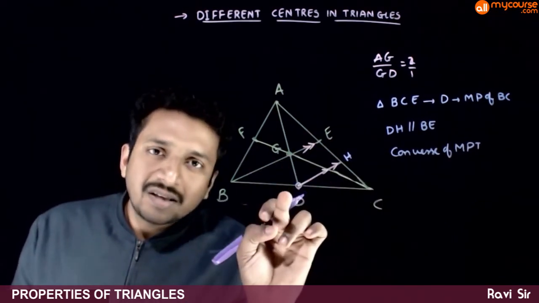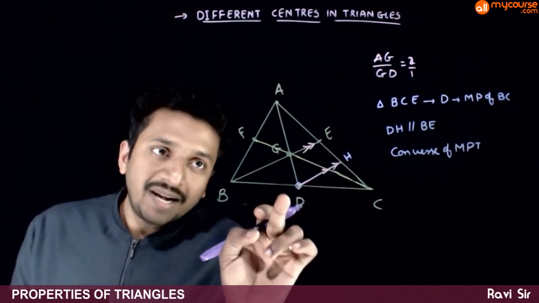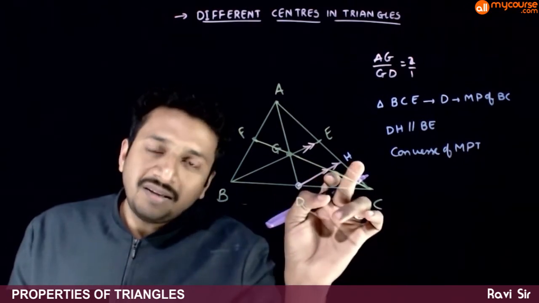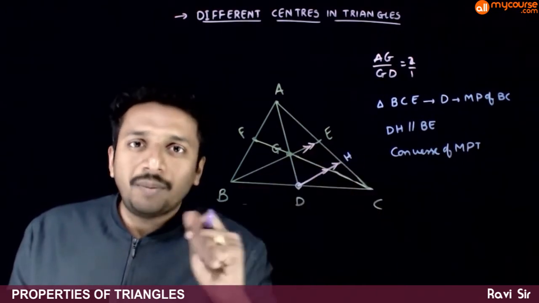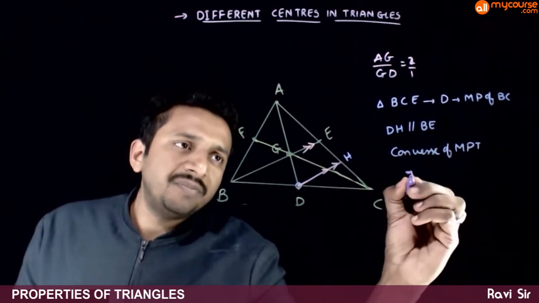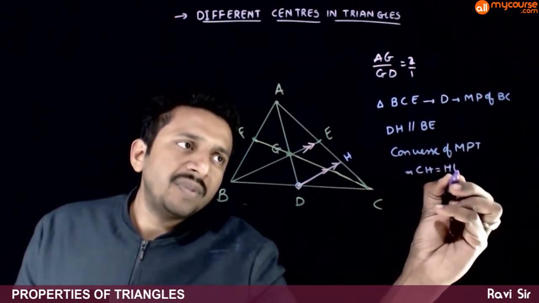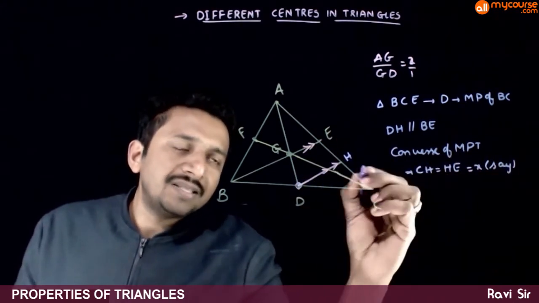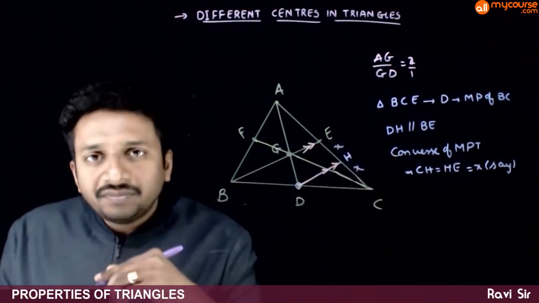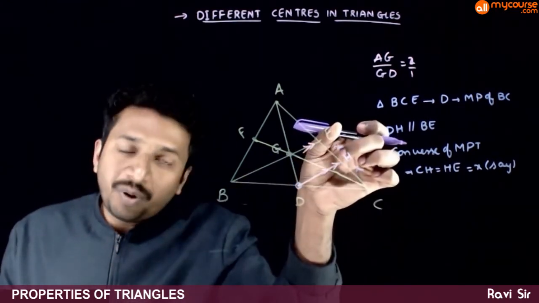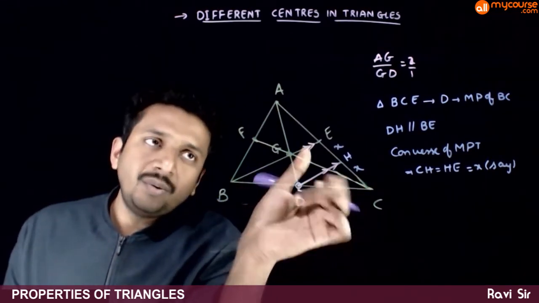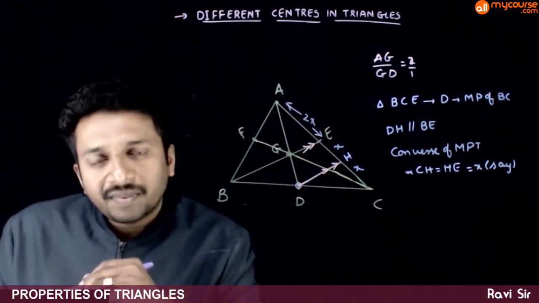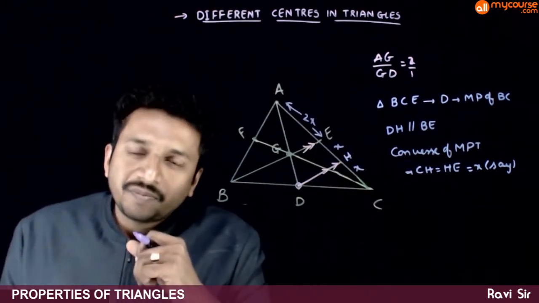This line is starting from the midpoint of one side and going parallel to another side of the triangle, so it has to divide the third side into two equal parts. So from the converse of the midpoint theorem, CH is equal to HE. Let us say this is X and this is X. Now we know that E is the midpoint of AC and EC is equal to 2X, hence AE is also equal to 2X.